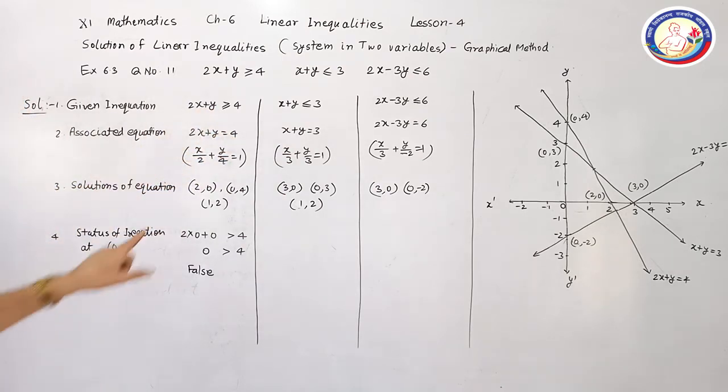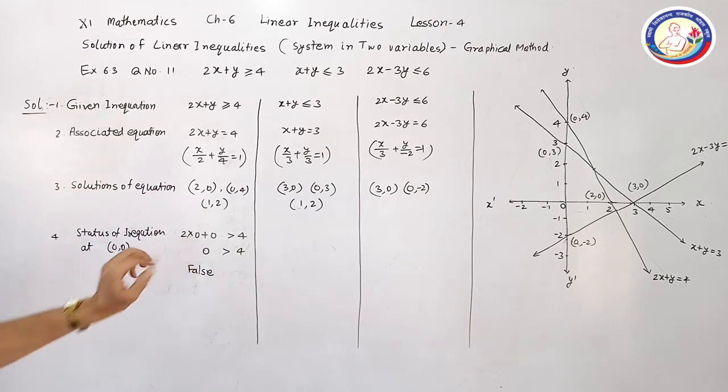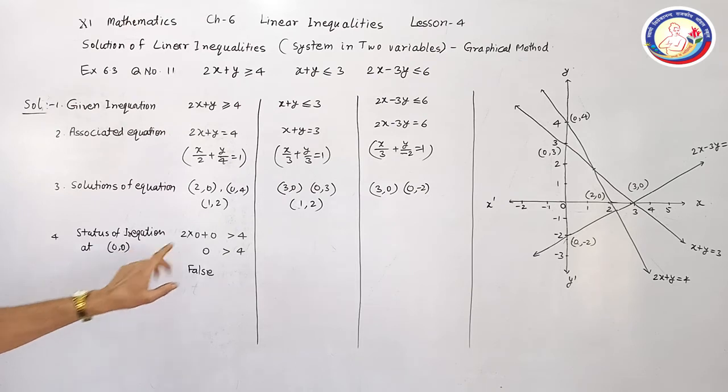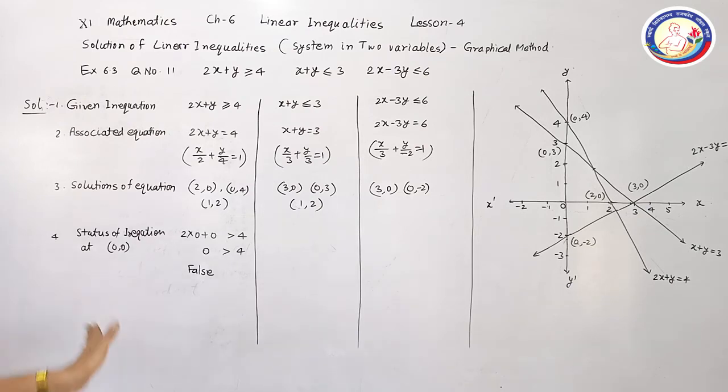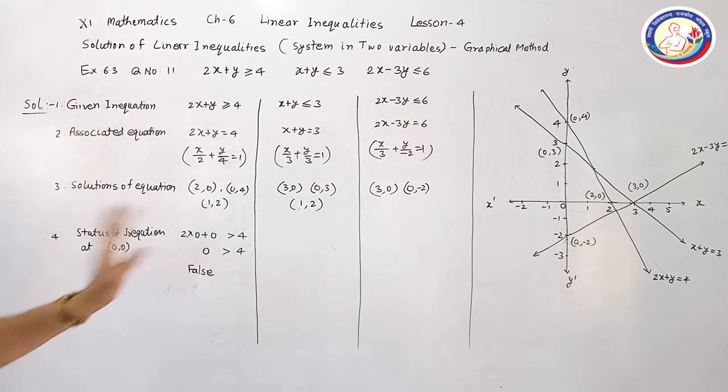I am taking the first one. If I put 0, 0 here, the coordinates of the origin, this statement stands false. It means the solution region will be the upper half plane that does not contain the origin, or the side opposite to the origin will be the region of solution.